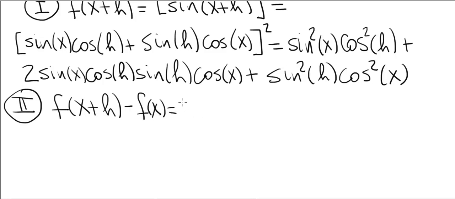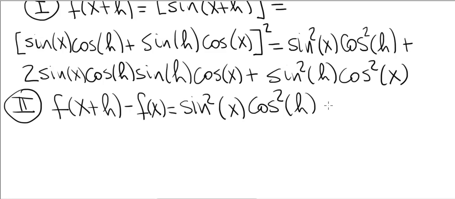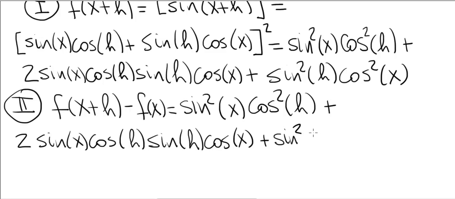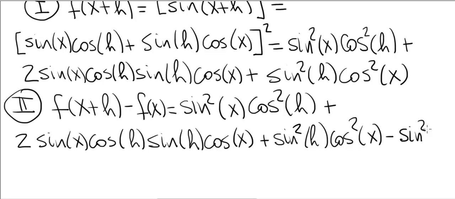So this is right from the line above: sine squared of x times cosine squared of h, plus 2 times sine of x cosine of h times sine of h cosine of x, plus sine squared of h times cosine squared of x, and subtracting f of x, which is sine squared of x. We want to simplify this as much as possible.